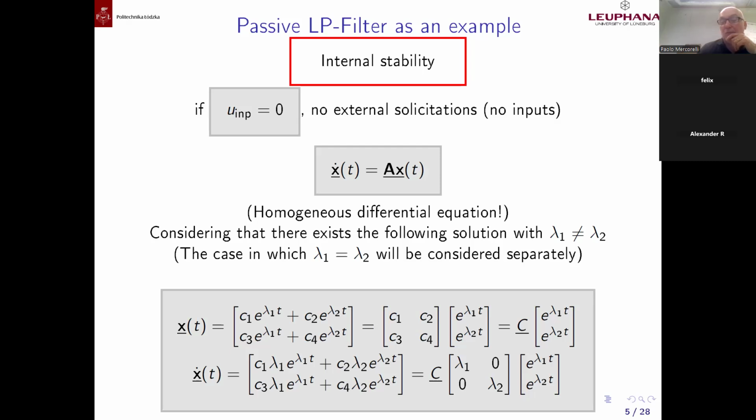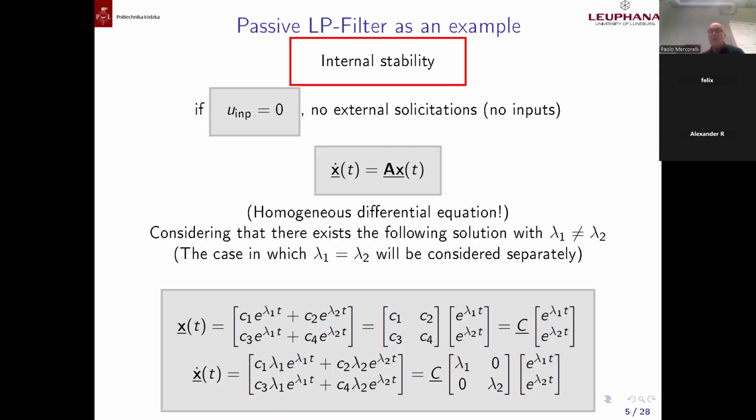I don't know if it's visible because C multiplied by, let me say, this matrix here is again a matrix 2 times 2, no? Because we have C as a matrix 2 times 2, multiplied by this particular matrix here in the middle, which consists of, as in a diagonal matrix, in the diagonal we have lambda 1 and lambda 2, and is again a matrix 2 times 2.